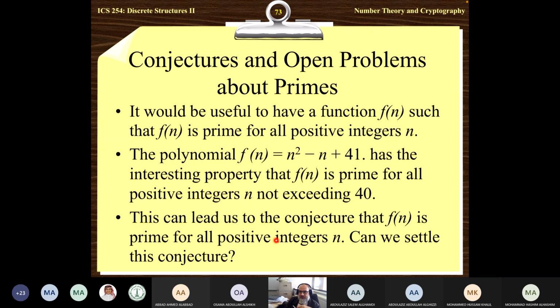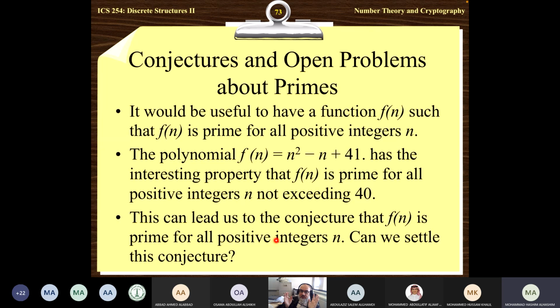Conjecture. Conjecture, but do you think it is correct or incorrect? The f of n above, or a general f of n that works with all integers?